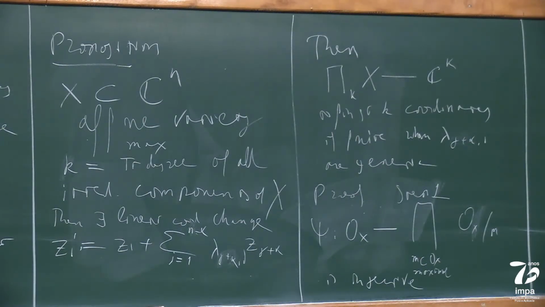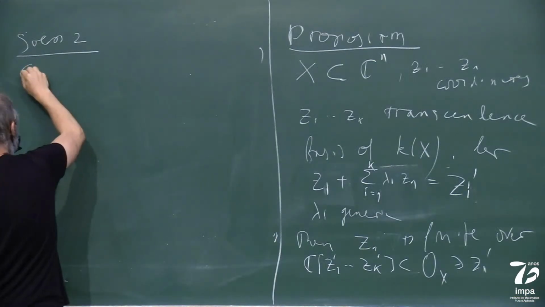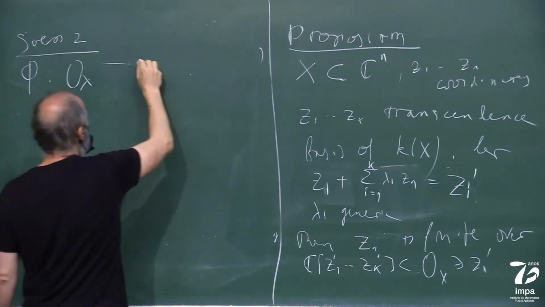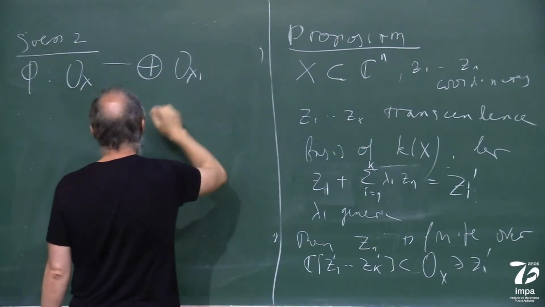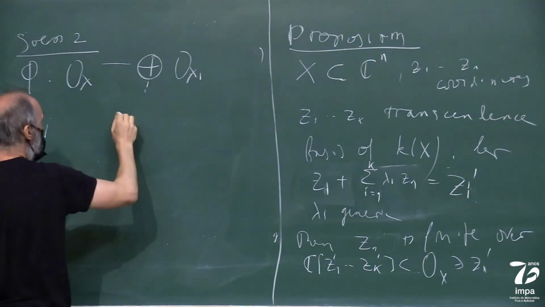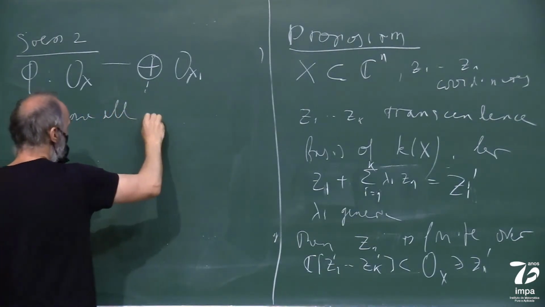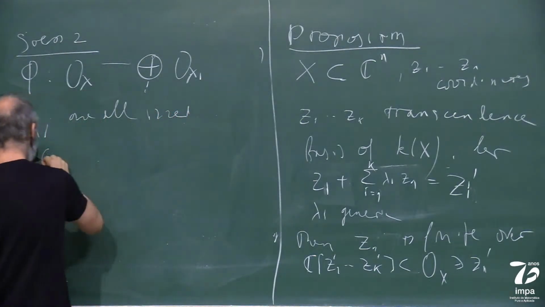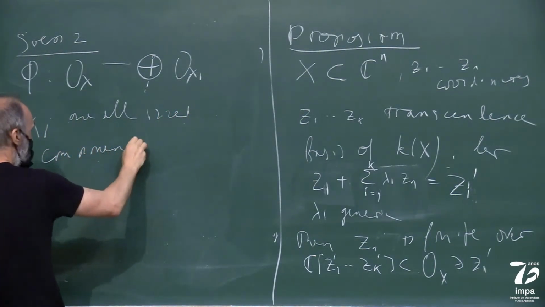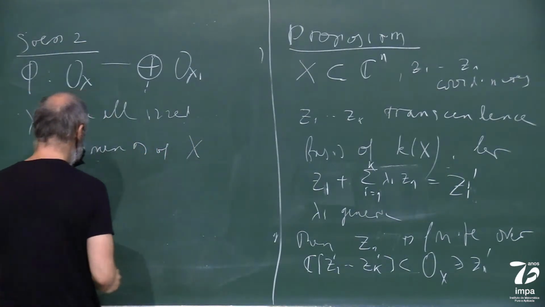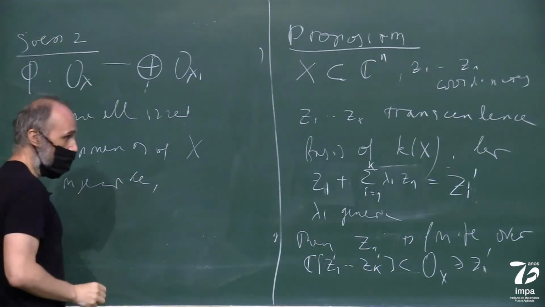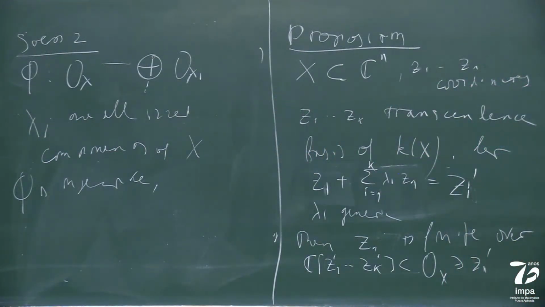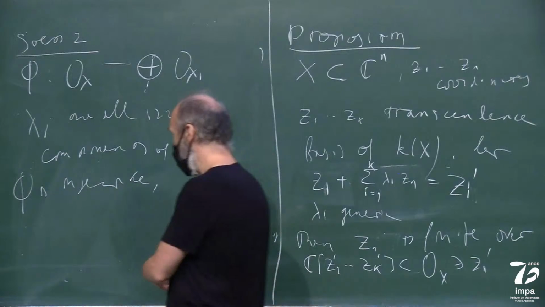Now step 2. We take phi, a map from O(X) to the direct sum of O(X_i), where X_i, for all i, are all the irreducible components of X. Phi is injective, because psi is injective and psi is a composition of phi and something.